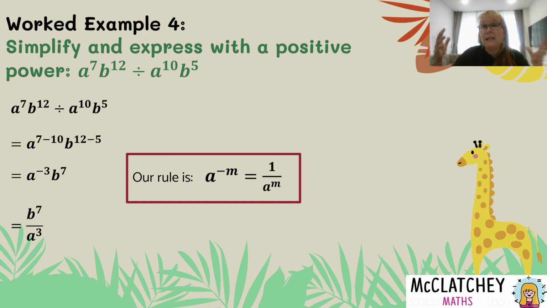And so that b to the power of 7 is also a fraction over 1. And our rule when we times fractions, and we've done this in some of our previous videos, is we times across the tops, times across the bottoms. So b to the power of 7 times by the 1 becomes just b to the power of 7. And this a to the power of 3 pops onto the bottom there.